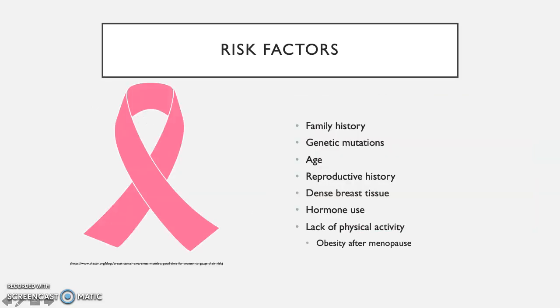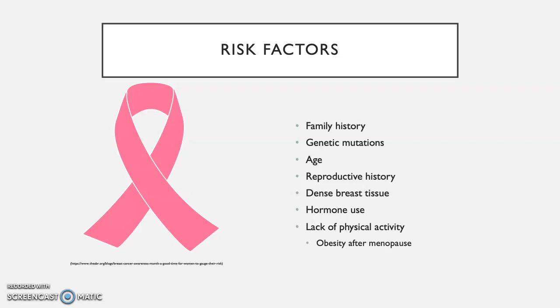There are some risk factors for breast cancer, the first being family history and genetic mutations. Age, as you get older, your risk of breast cancer increases. Reproductive history, people who started menstruating before the age of 12 and who started menopause before the age of 55 may be at higher risk of breast cancer.